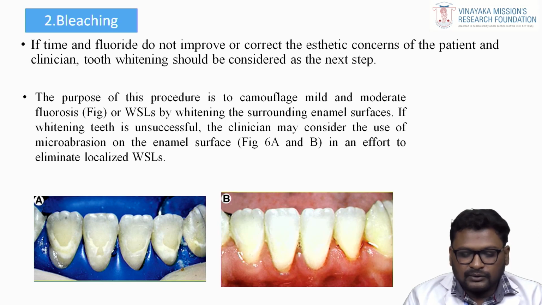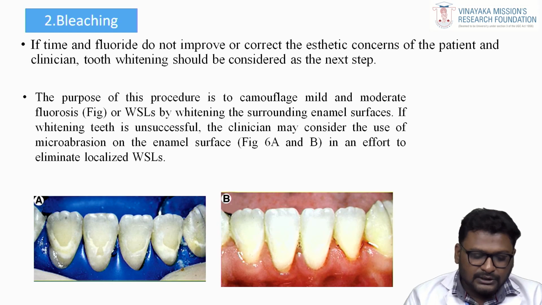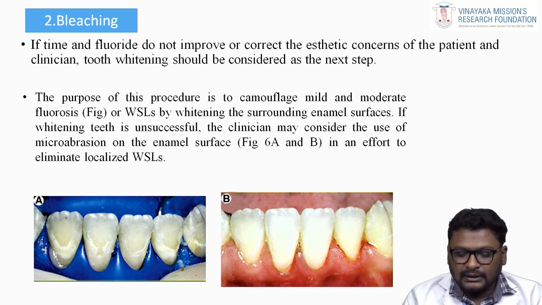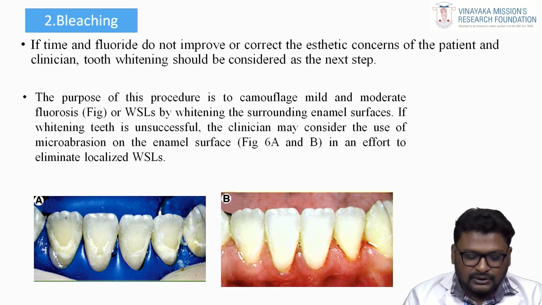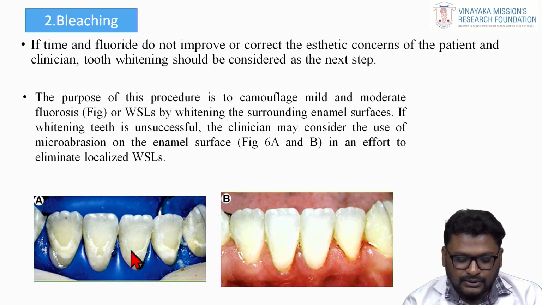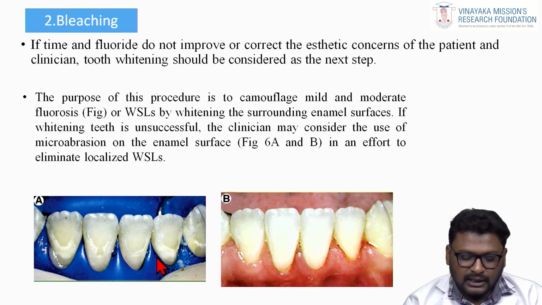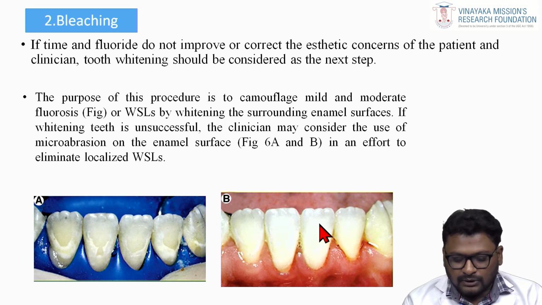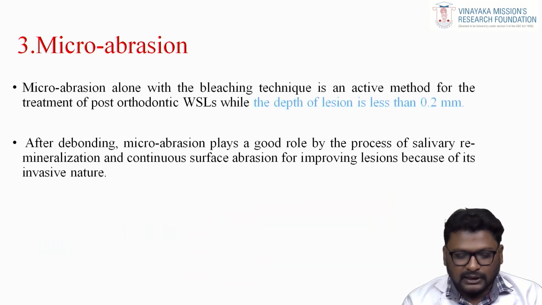The purpose of this procedure is to camouflage mild or moderate fluorosis or white spot enamel lesion by whitening the surrounding enamel surfaces. You can see that picture A shows the white spot enamel lesion, and picture B is after bleaching. We are just doing whitening of the enamel structure. This is only a non-invasive procedure, and it is also advisable in the treatment of white spot enamel lesion.